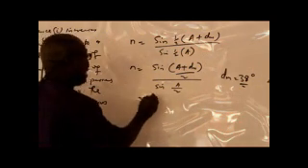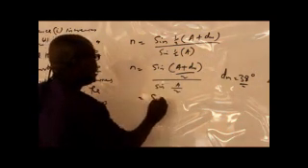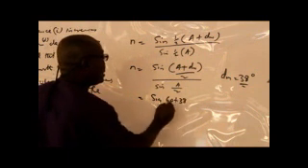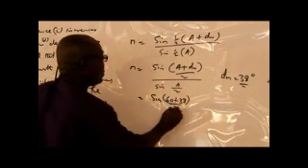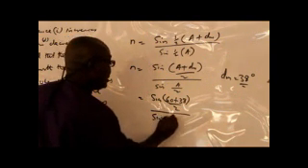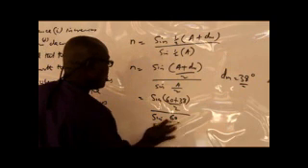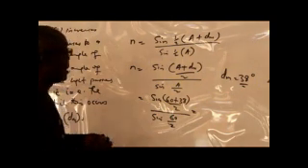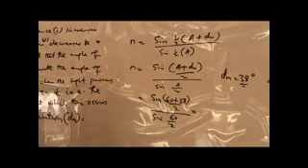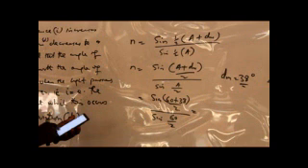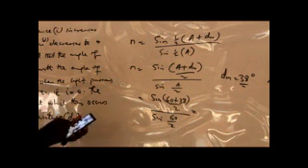Mu will be sine bracket 60 plus 38 all over 2, all over sine 60 over 2. You take it, we are going to calculate now. Whenever I pick my calculator, you pick your own along with me.